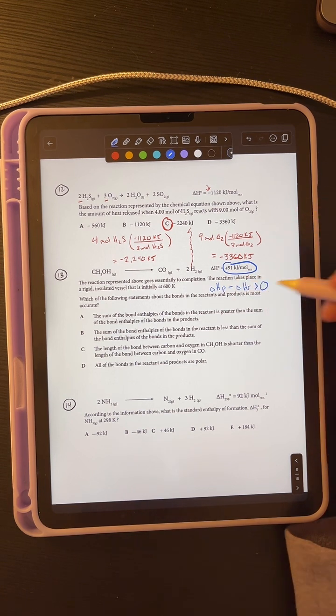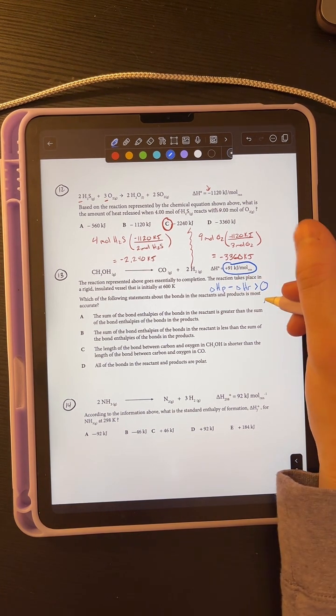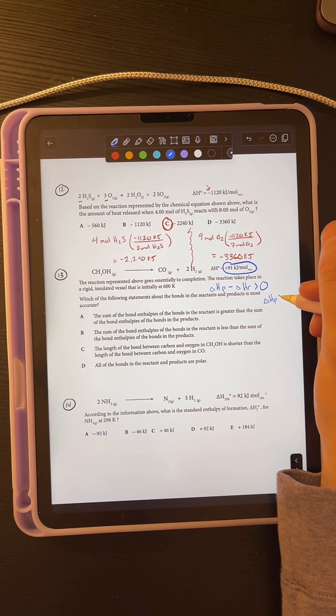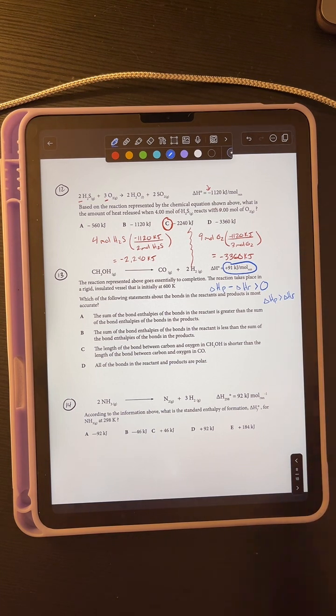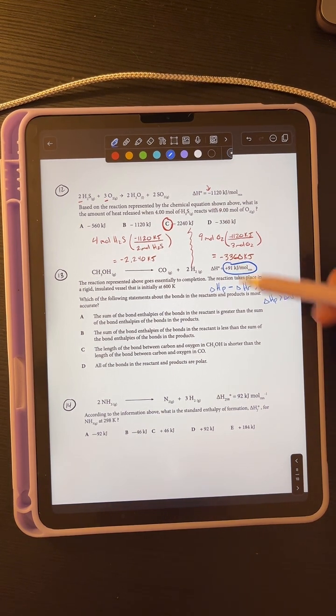Because it's positive, we have this relationship here. And that means that our products is greater than our reactants.